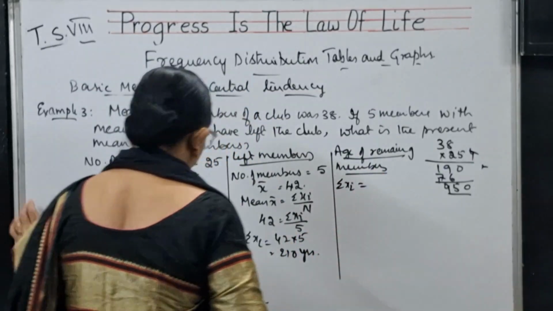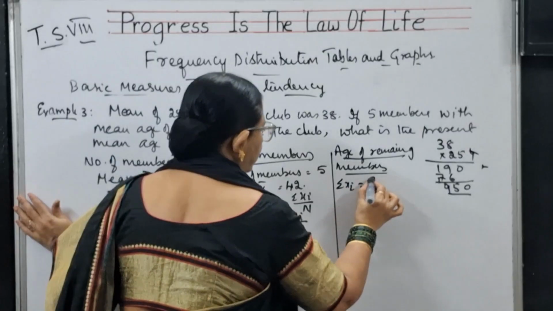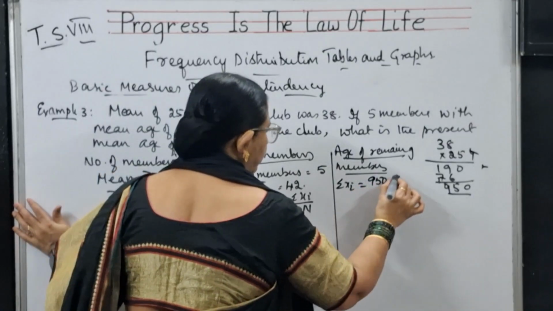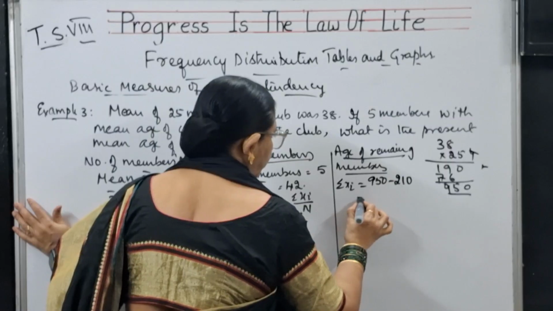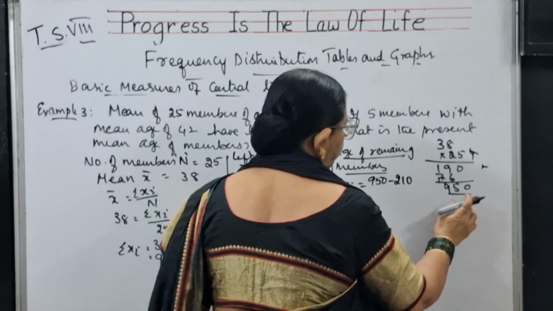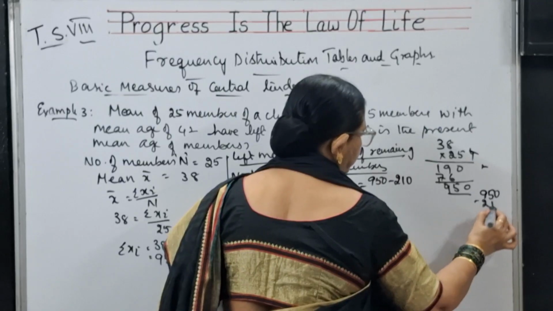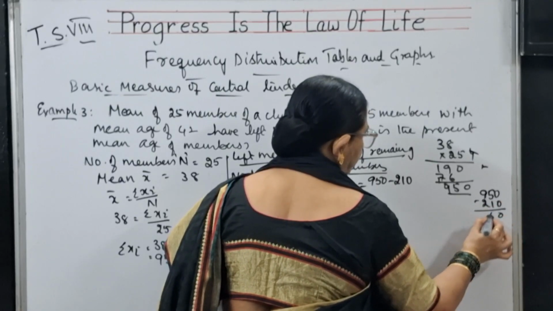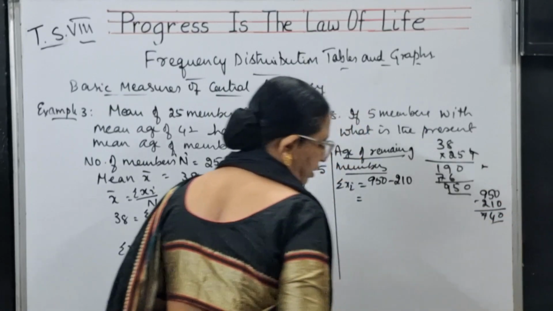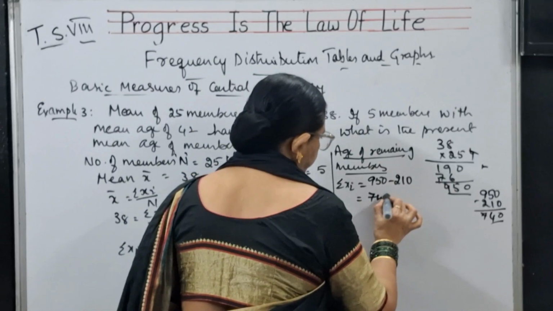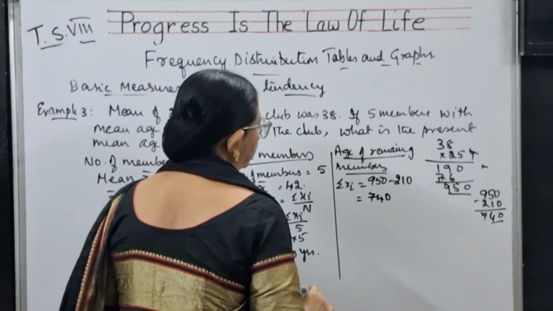Earlier they had 950 total age. In that, 210 was of the members who left. So you have to subtract. From 950, if you subtract 210, you are getting 740. Okay, sigma xi is 740.